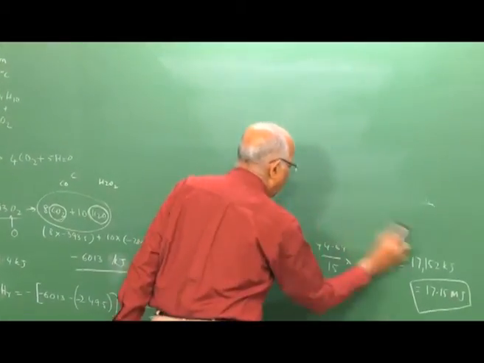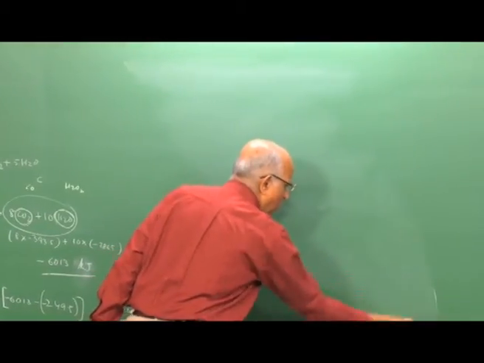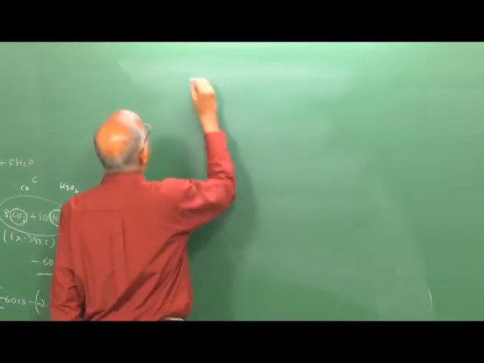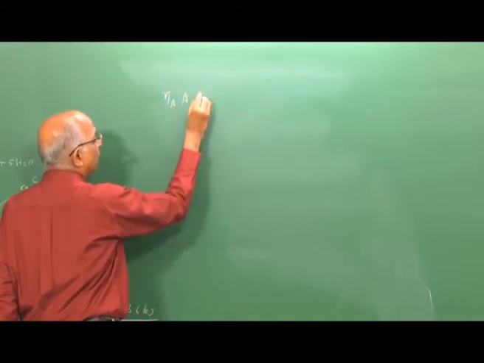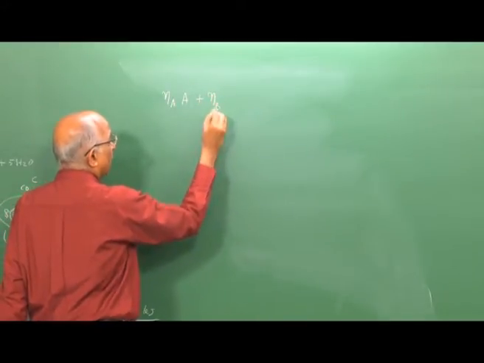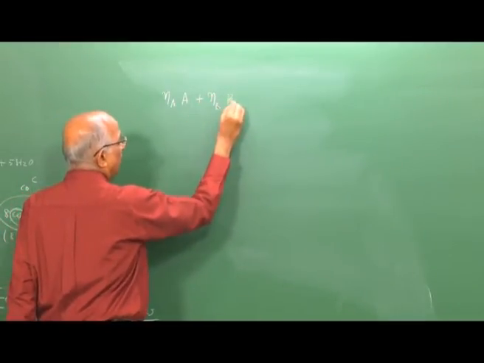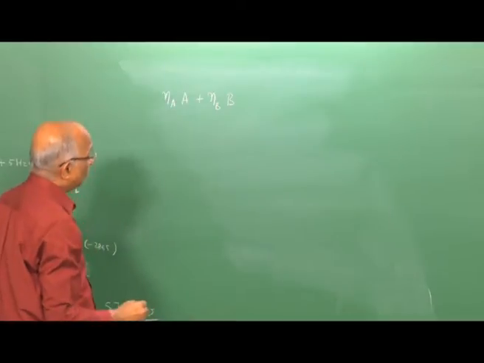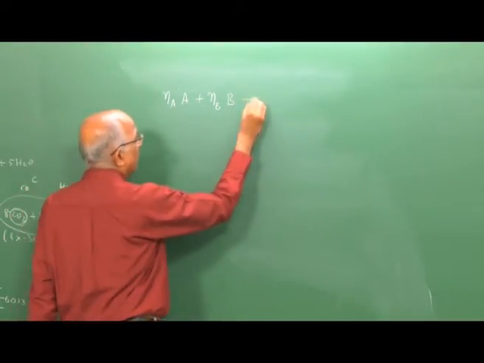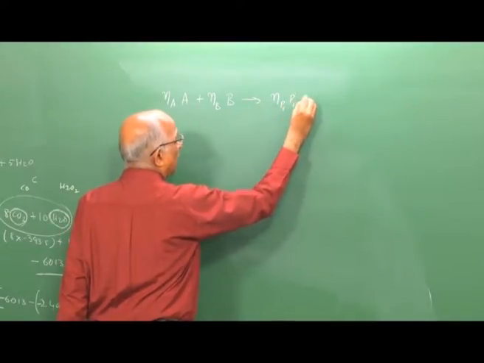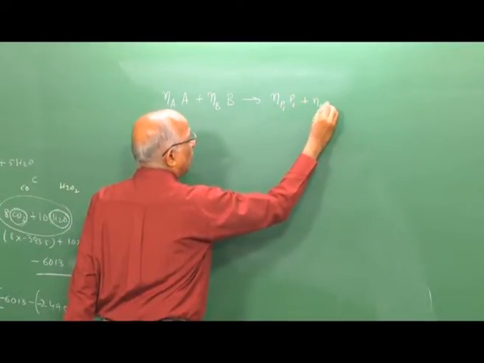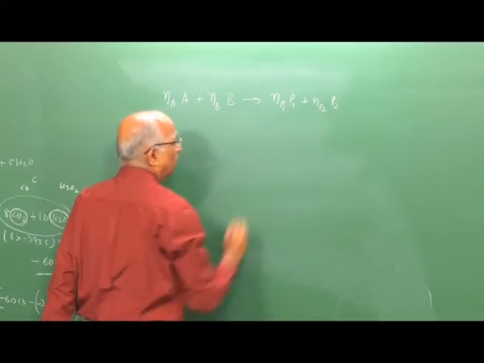We calculate for any reaction, let's put it in a general form. Let's say I have n moles of reactant A reacting with B moles of an oxidizing agent B, giving NP1 moles of product P1 plus NP2 moles of product P2 and so on.